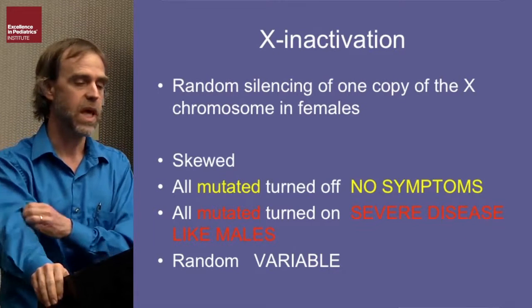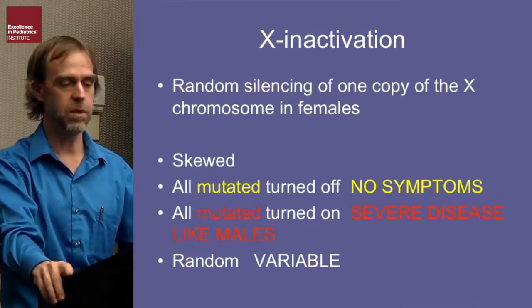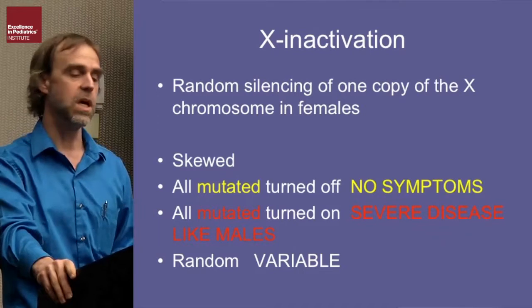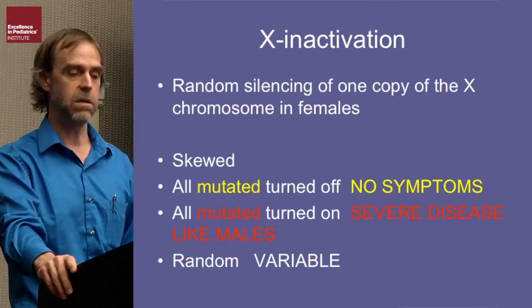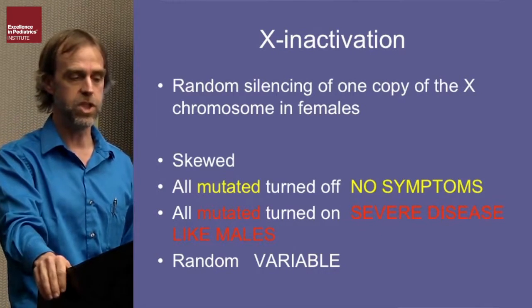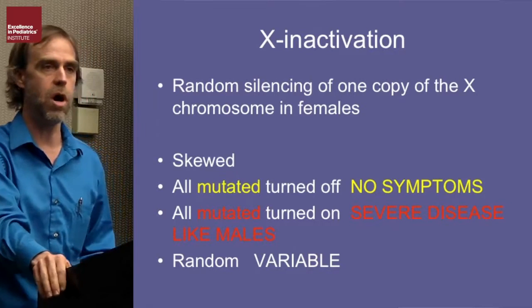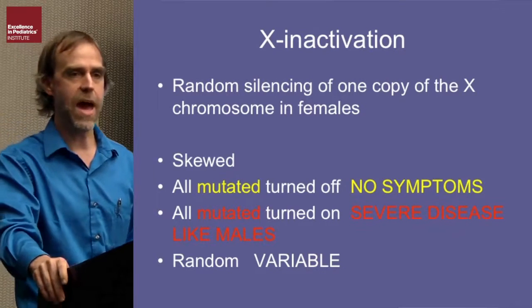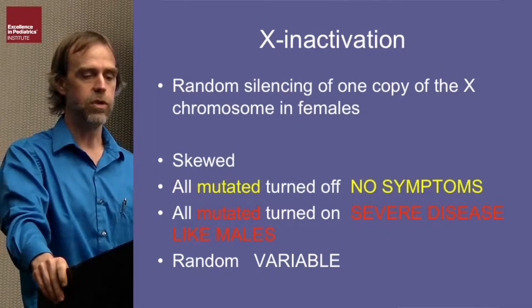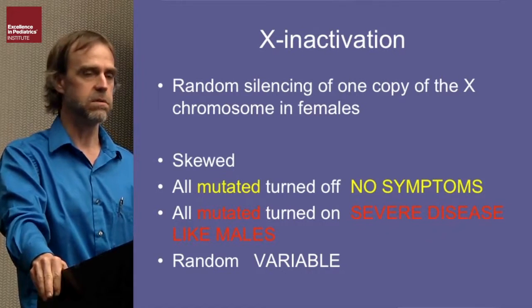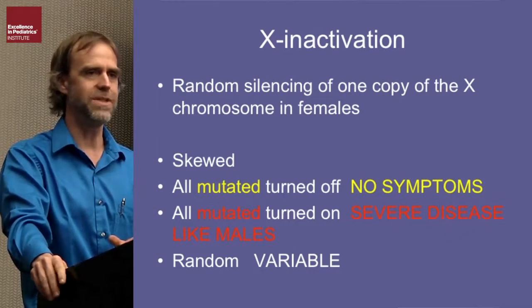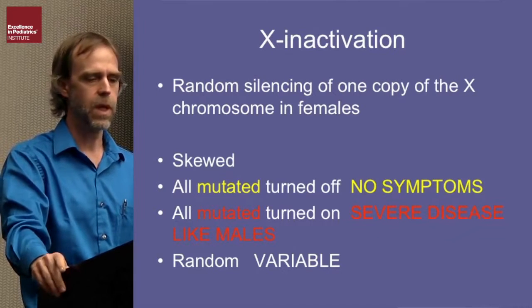If you have skewed X inactivation such that the mutated copy of the gene is the one that's turned on, the women with that will have very severe disease, essentially indistinguishable from the disease that we see in the men.